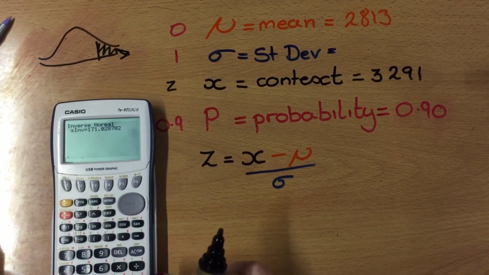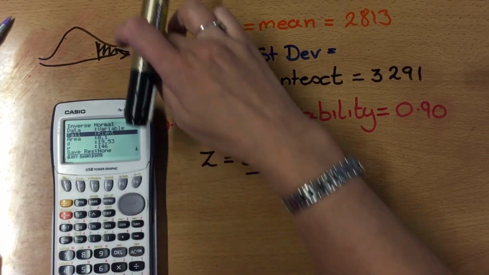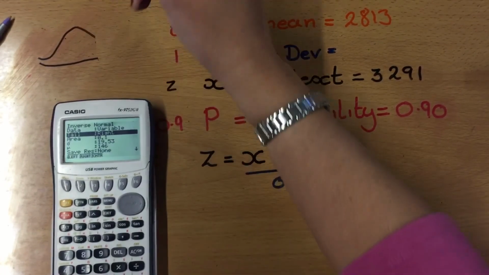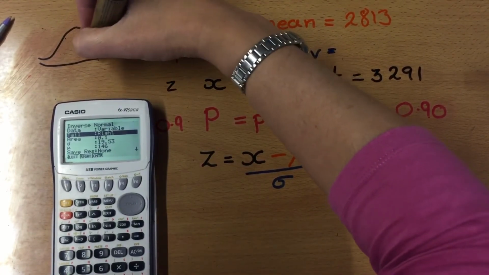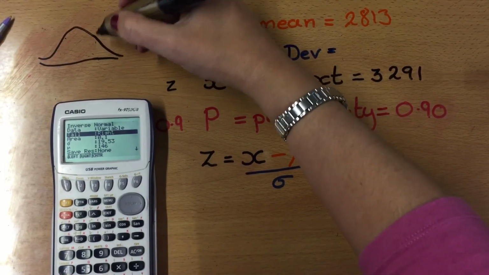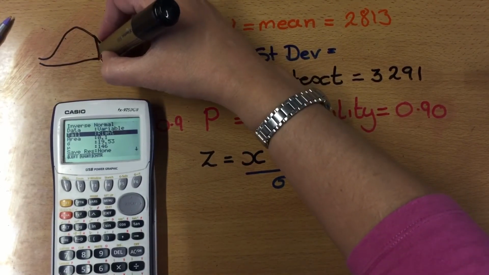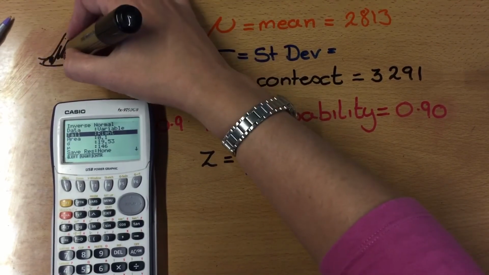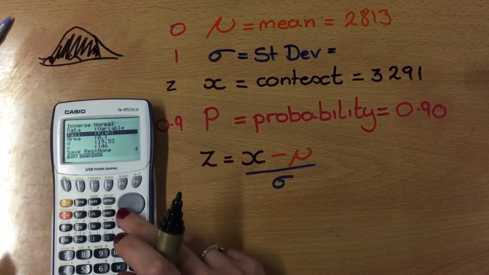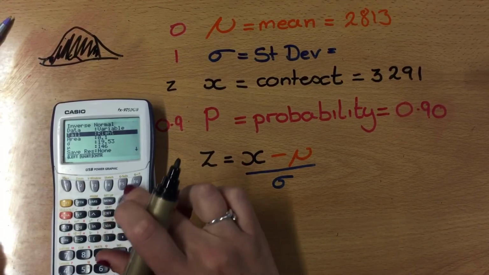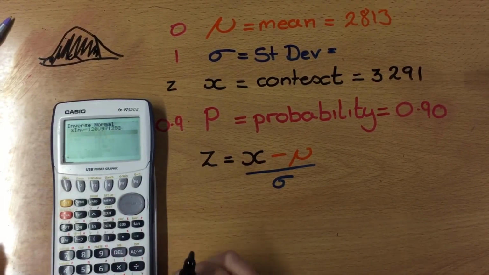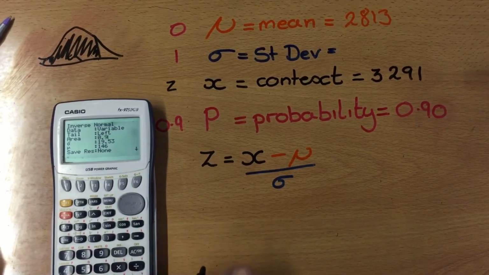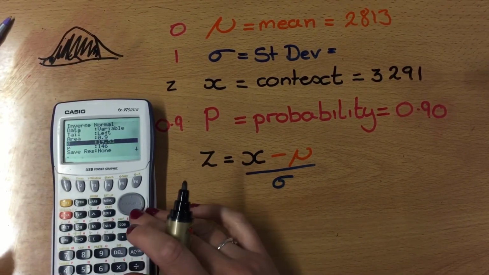Actually, let's make this look like it should. So we want it more than this, so not in this. If we go for our tail that way, then we've got an area of 0.9, because that's the bit we coloured in.